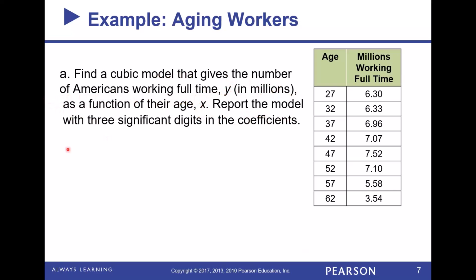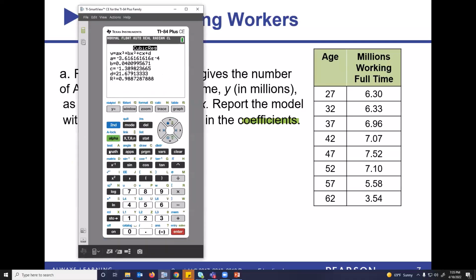We're going to report the model to 3 significant digits. I'm going to highlight that because that's really important to make note of: 3 significant digits in the coefficients. That does change. This is a very special type of rounding, and I do want to point out what that actually means. Okay, so let me pull up my calculator.